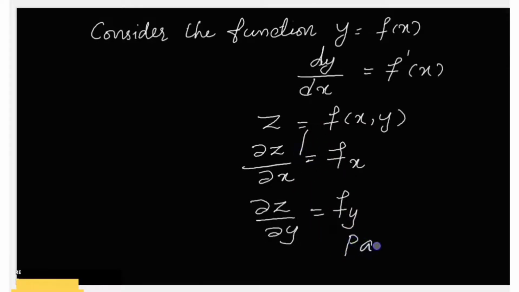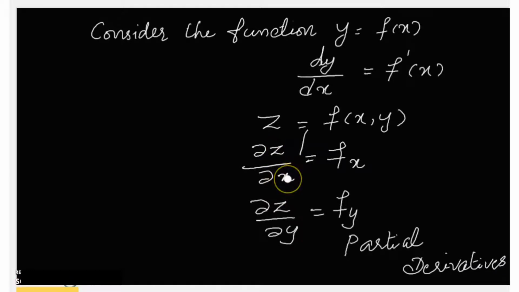Once again, dou z by dou x means differentiate z with respect to x, treating the other variable y as constant.